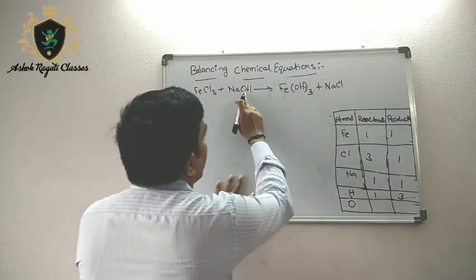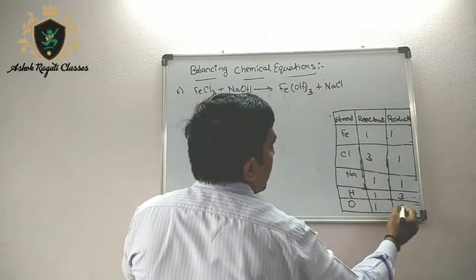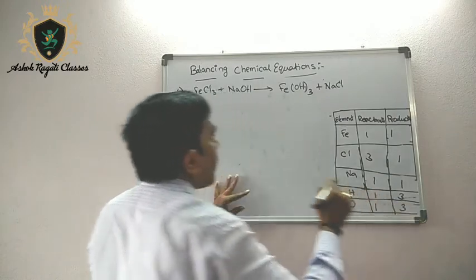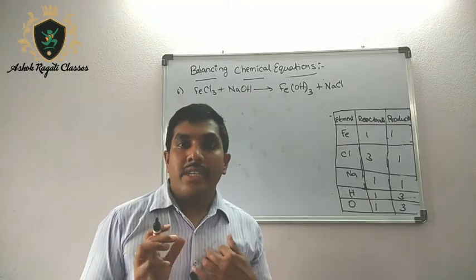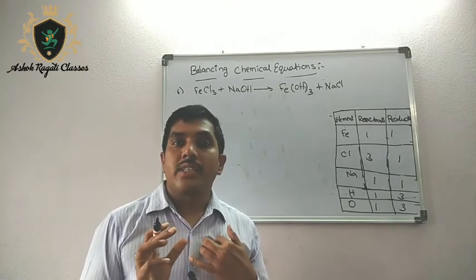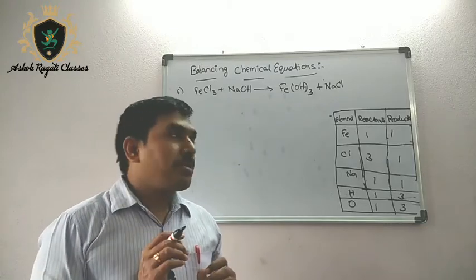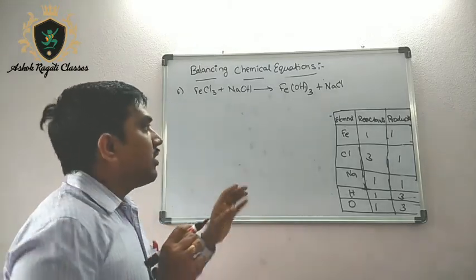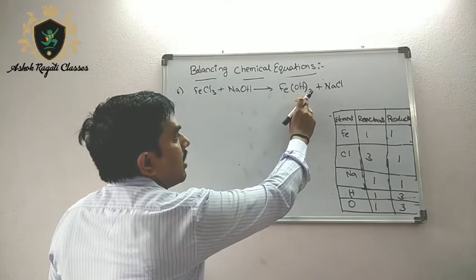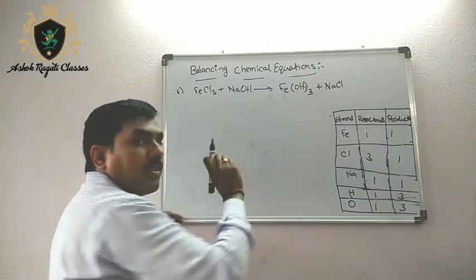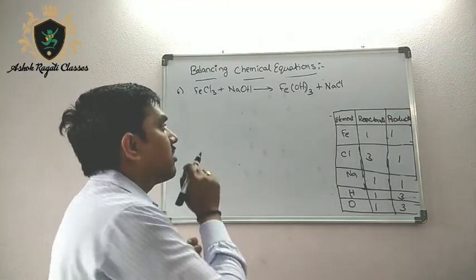Okay, oxygens 1, 3 into 1. This is a different type of equation, where a group of atoms is subscripted with a number. So use that subscript. If you see this equation, this oxygen group is there 3 times. By taking that subscript we can easily solve this problem.